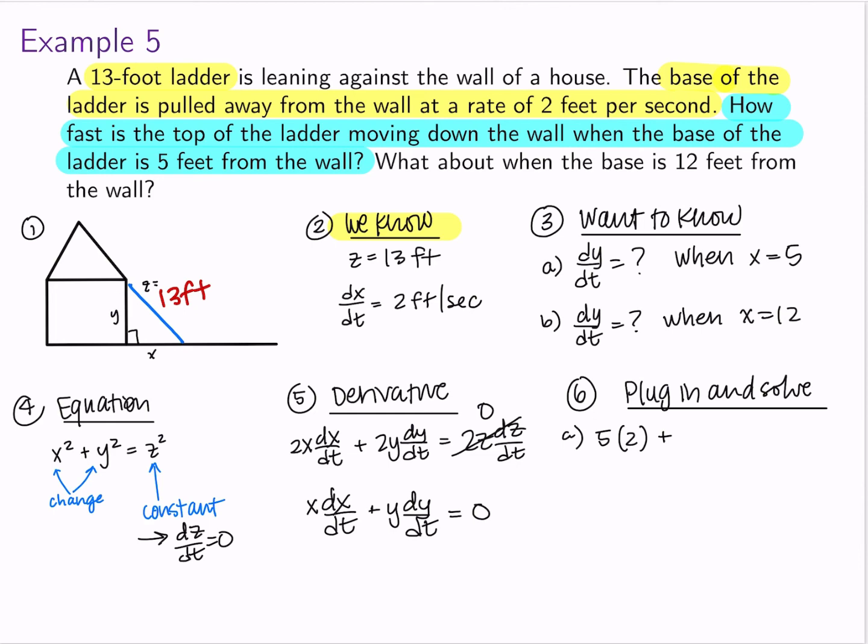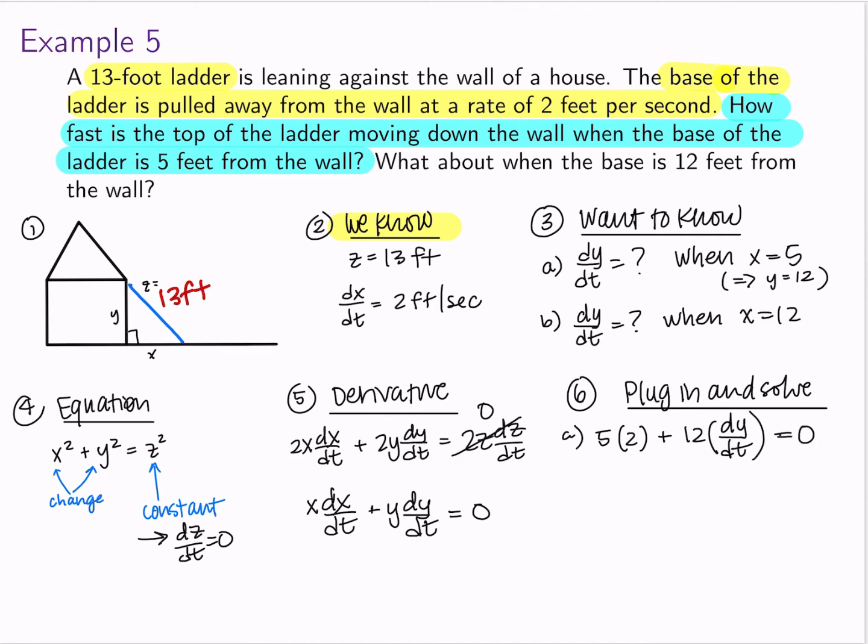If I know x is 5 and I know that this is 13, I can use the Pythagorean theorem to solve for y. So 5 squared plus what squared equals 13 squared. You can do that on your own, but it ends up implying that y is 12. 5, 12, 13 is a triangle. Okay, so y is 12. dy/dt I don't know, so I'm going to leave it as dy/dt, and this equals 0.